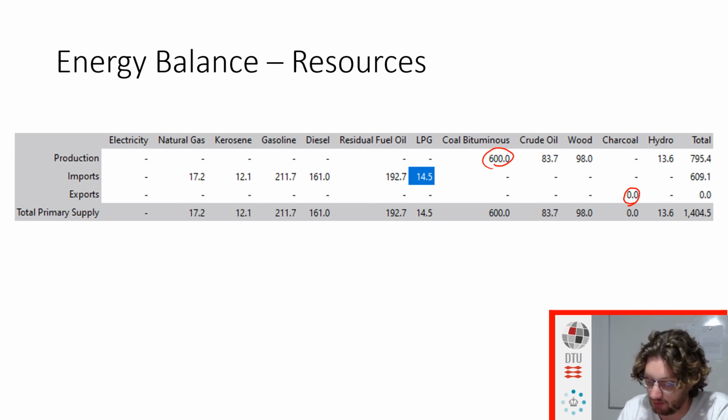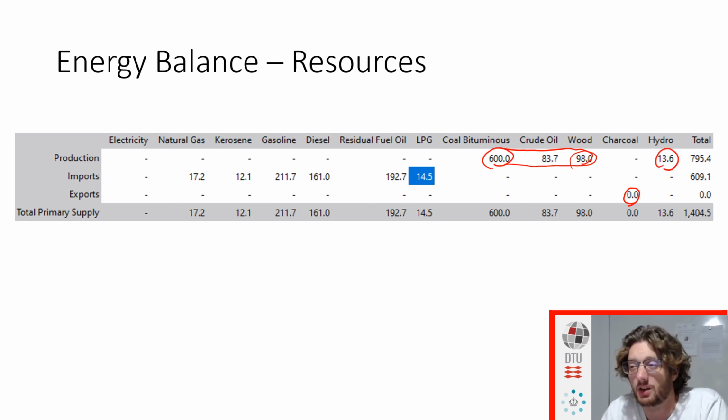But we can see we are quite a fossil producing nation, with some wood as well, and a bit of hydro. Exports, I think, are shown as positive, but they count as minus to the total primary supply.